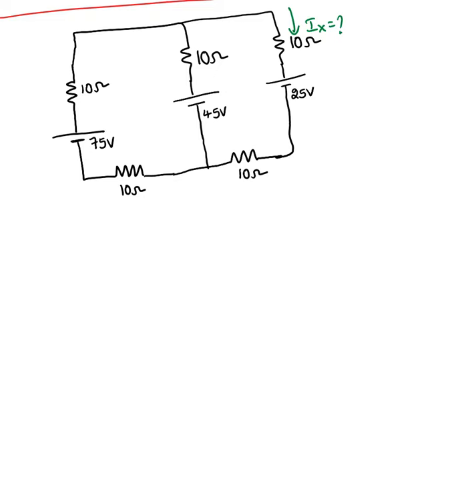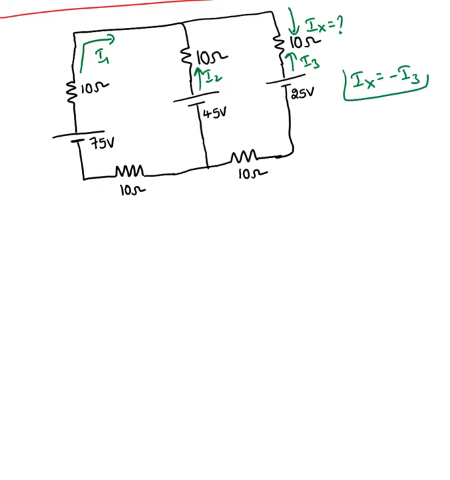At the end I might show you how to do that, but here is a simple way. It looks simple, but it has lots of equations. I'm assuming this source is supplying I1 current, this source is supplying I2 current, and this source is supplying I3 current. Finding Ix, basically Ix is nothing but negative I3.